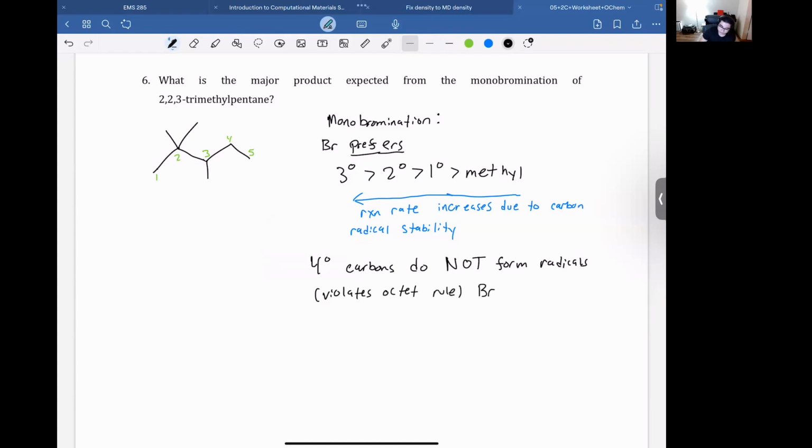So the bromine does not go on a quaternary carbon.